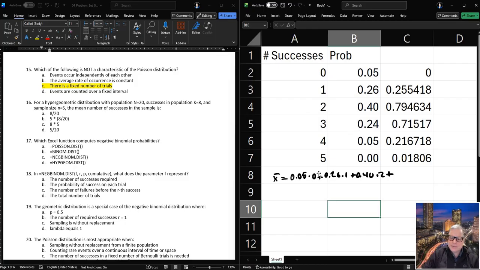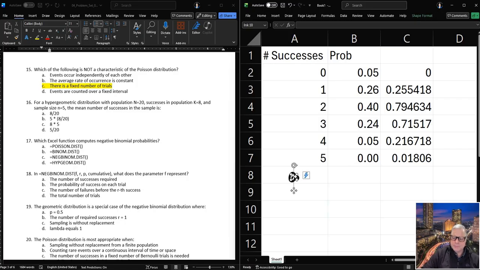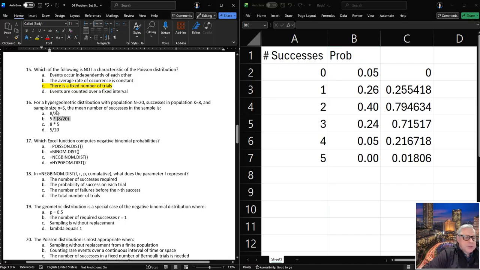And that is the average. And that average is 2. So what value is 2? 8 over 20? No. 5 times 8, that's 40 over 20, so that's 2. 8 times 5, that's 40, no. 5 times 5 over 2, no, that's something 0 point. So it must be B.